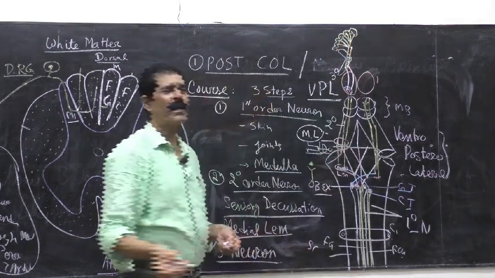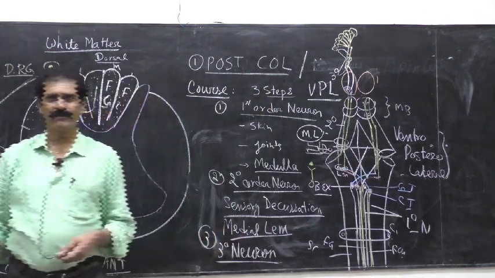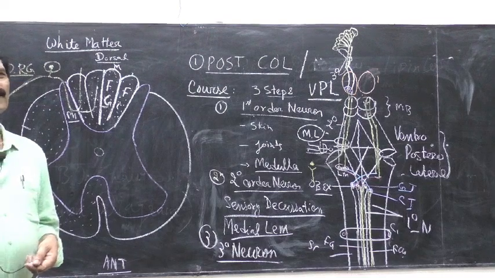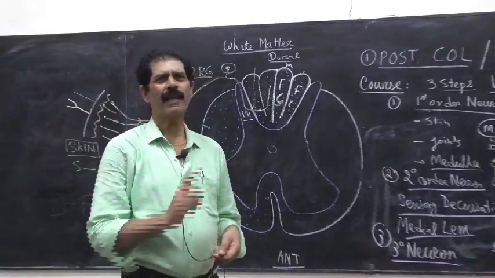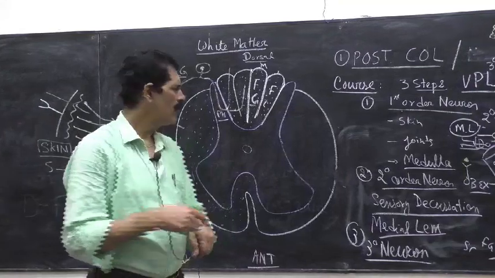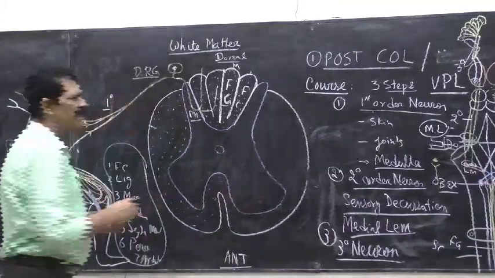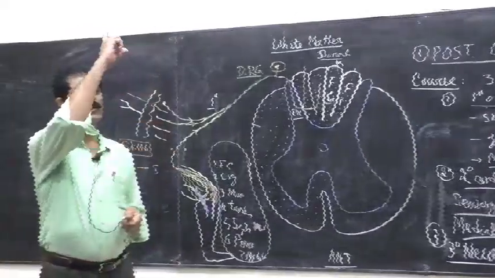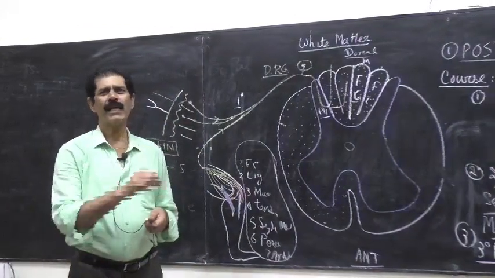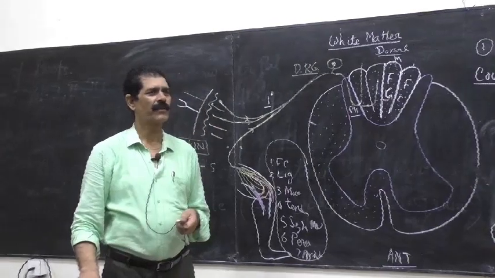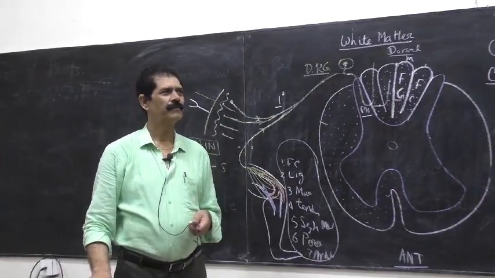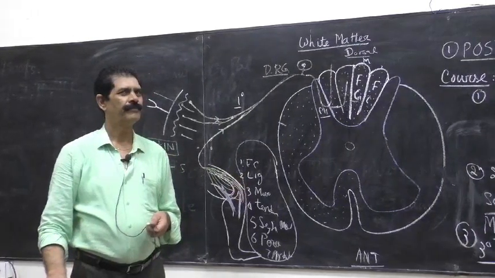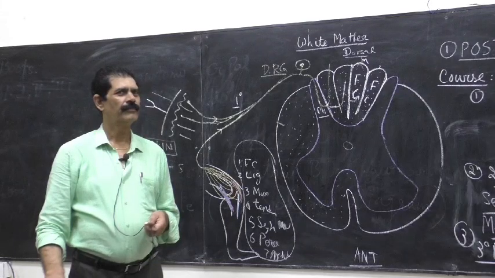Because we know the body is represented as the homunculus. So this is how they reach the cerebrum. When they reach the cerebrum, all these five types of sensation are called posterior column sensation. So this is the whole journey or course we have to write, starting and ending of the course of this.